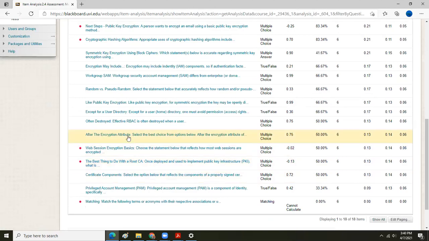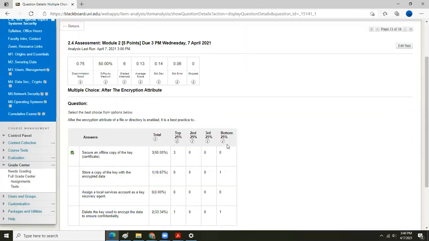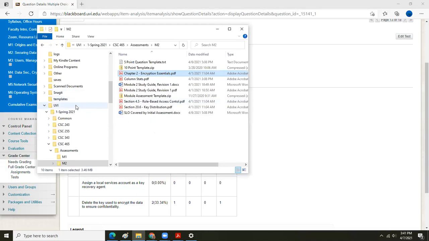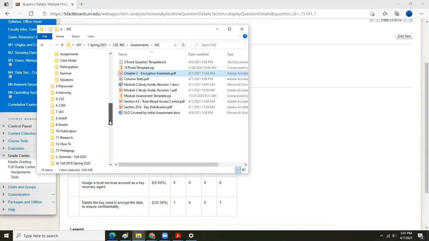Okay. After the encryption attributes. So we're talking about EFS. When we talk about the encryption attribute for a file or directory is enabled, here's what we're talking about. Does everybody remember the little demonstration that we did?